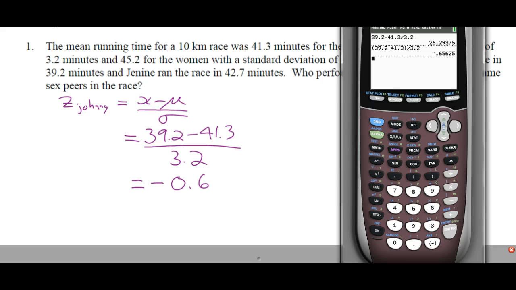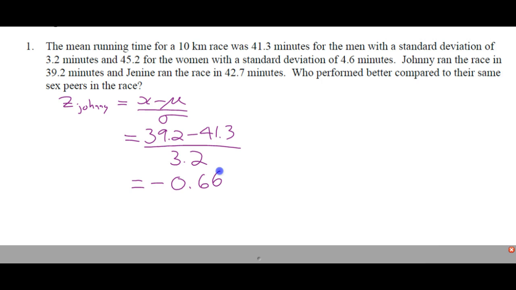Let's go with 2 decimal places. So in this case, being below average is good, right? Because you're running a race, so if you're below the average time, it means you're faster. Being below average on a test, not so good, right? And then the z-score for Janine.